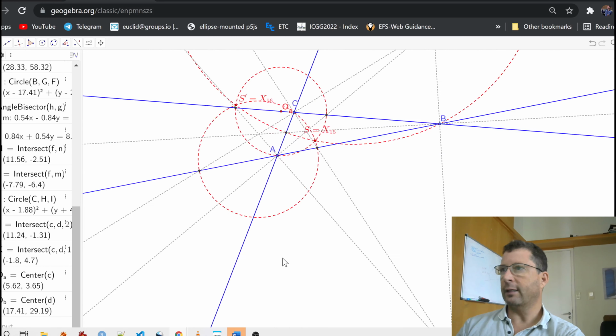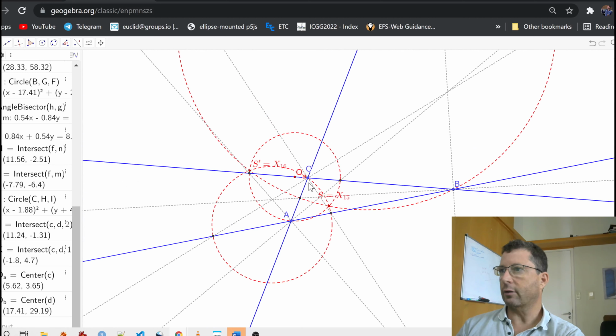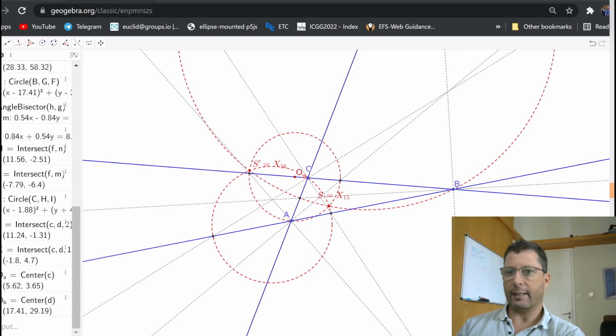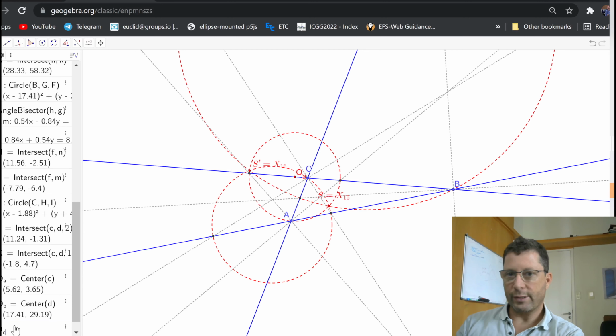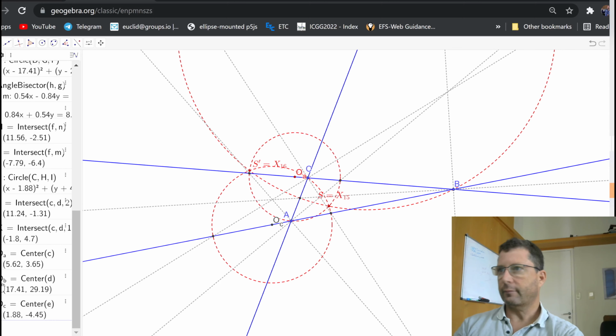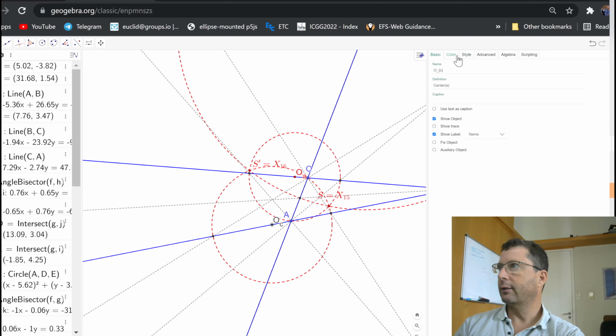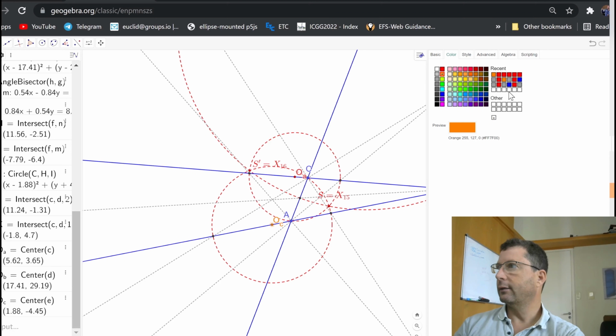And finally, the center of the C Apollonius circle, which goes to the vertex C, is labeled E. So OC is the center of E. There it is. Settings, color red.